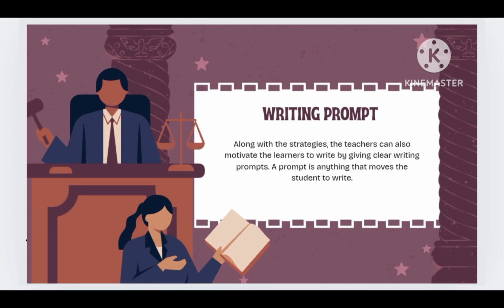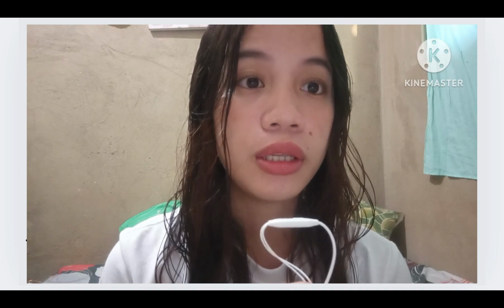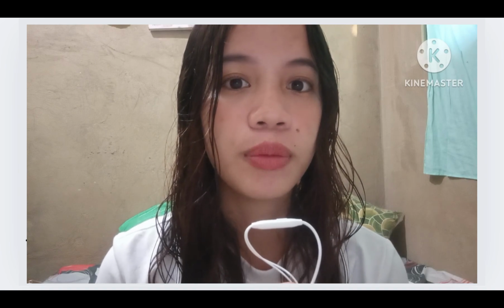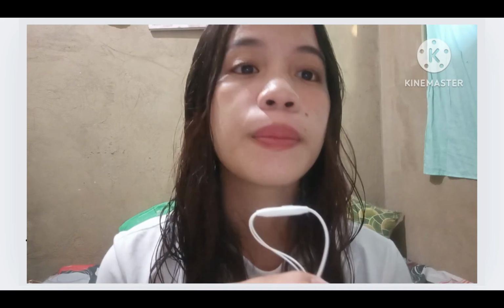A prompt is anything that moves the student to write. So any encouragement or motivation that can trigger the students' eagerness to write something. It could be a poem, an essay, or any structured written ideas or thoughts that they can put out.